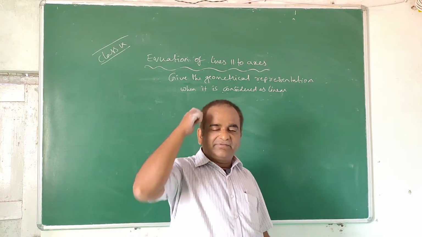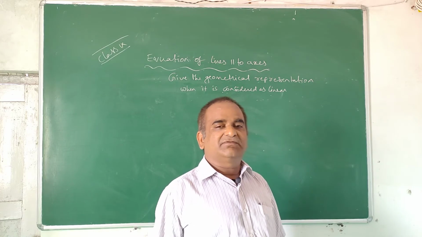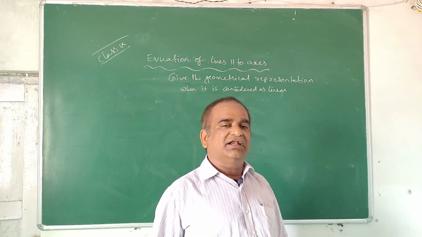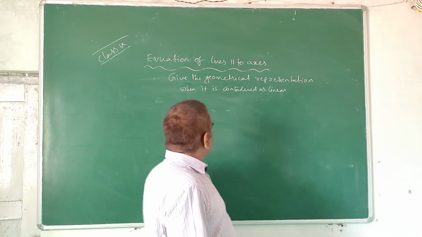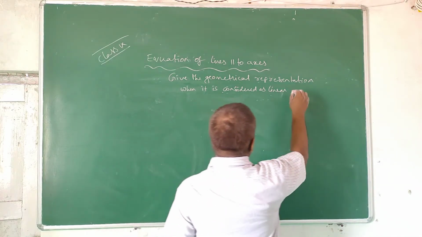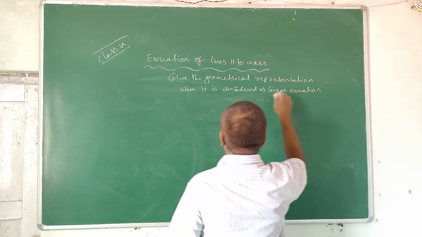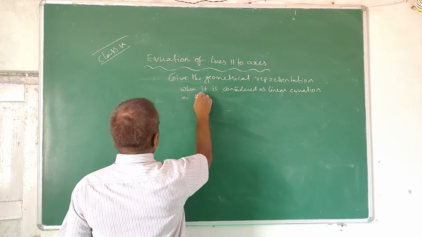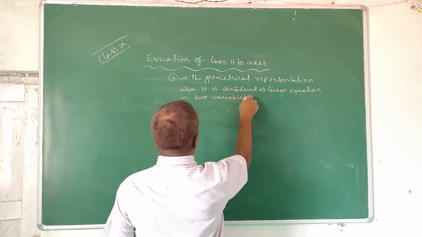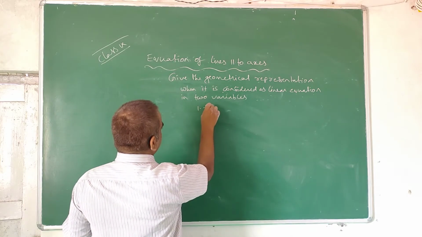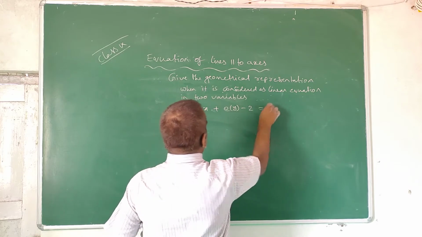In the previous case, we considered it as a linear equation in one variable. As we have discussed, it will have one and only one solution, that is x is equal to minus 2. That will be a point on the number line. If you treat this as a linear equation in two variables, then it can be written as 1 into x plus 0 into y plus 2 is equal to 0.